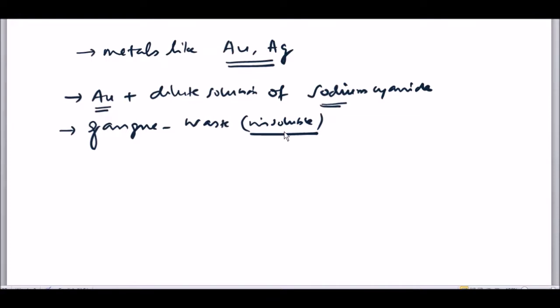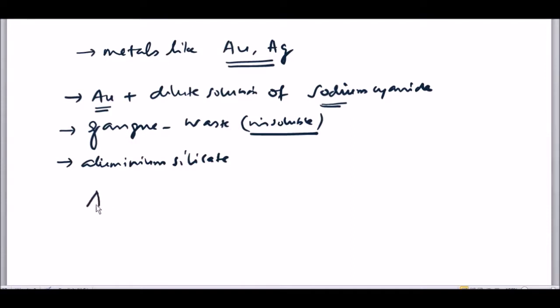The gangue is an insoluble portion, and along with the gangue we may have some other impurities like aluminum silicate. These are all present in the mixture itself because they are not soluble.